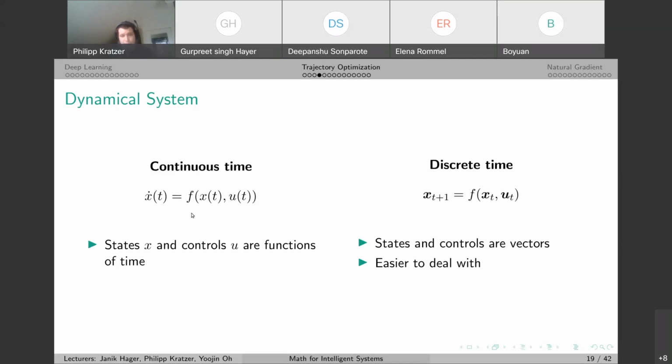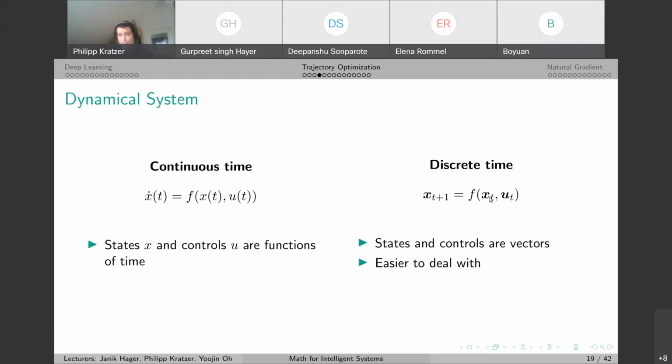And typically in continuous time, you have the derivative x dot, so the velocity of the state, equals some dynamical system equation here. And usually this function is given because you can compute it from your system from physics equations.